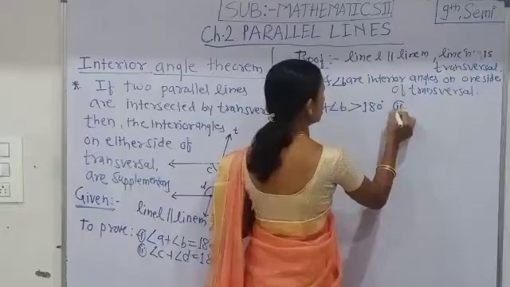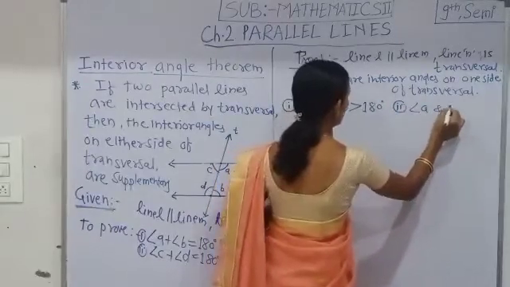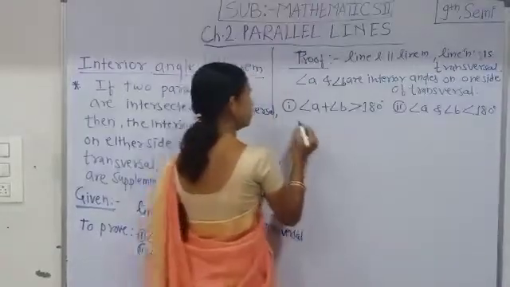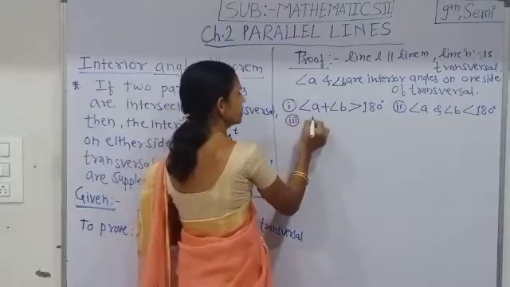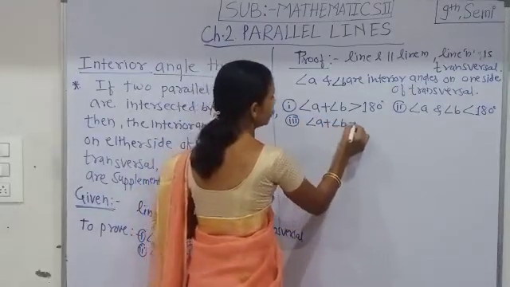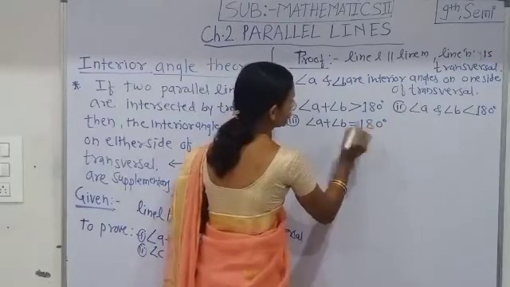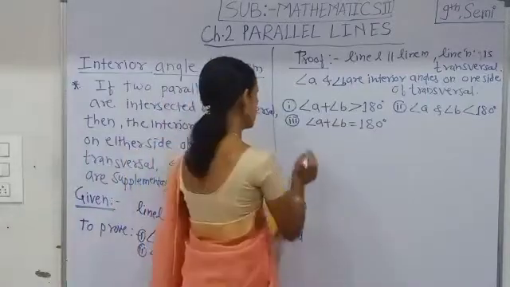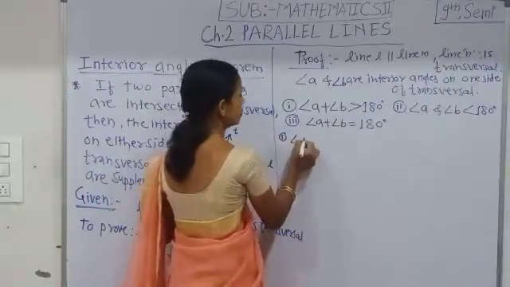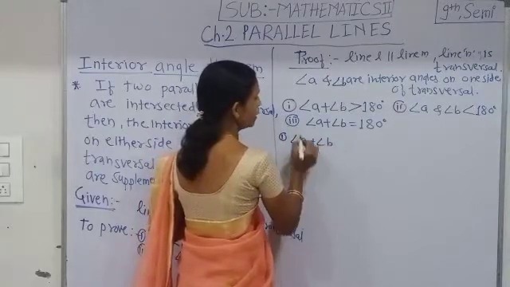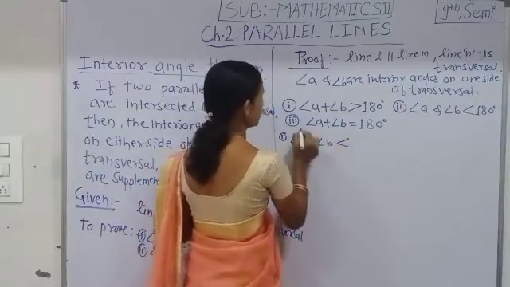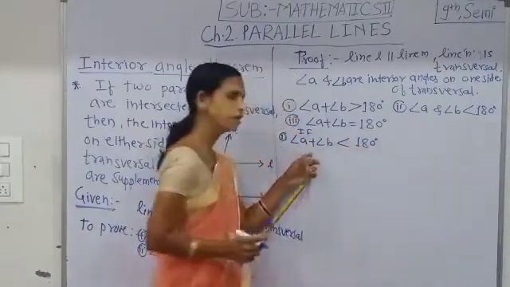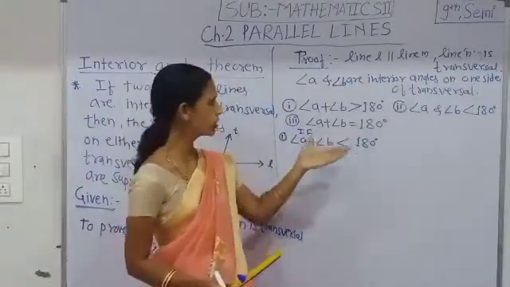Second possibility: angle A plus angle B is less than 180 degrees. And third possibility: angle A plus angle B is equal to 180 degrees. First of all, we consider the case where angle A plus angle B is less than 180 degrees.